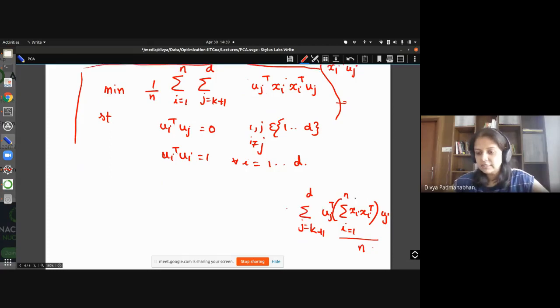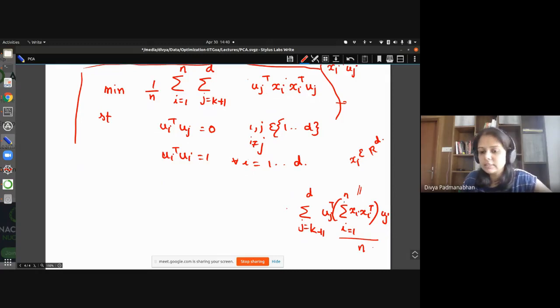So this xi transpose, that's actually going to be a matrix. xi is of size d. xi is a column vector and xi transpose is a row vector. So when I do xi xi transpose, what I'm going to get is a matrix of size d cross d, and I'm summing up n such matrices.